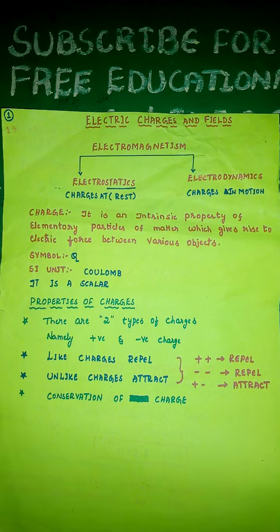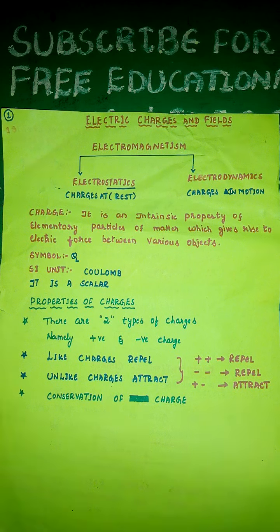It generates electric force between various objects. It is generally denoted with Q. Its symbol is Q, the charge SI unit is coulomb, and it is a scalar quantity. You know what is scalar quantity and vector quantity. Yes, a scalar quantity has only magnitude, but a vector quantity has both magnitude and direction.